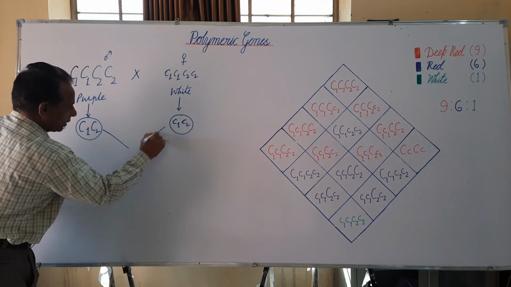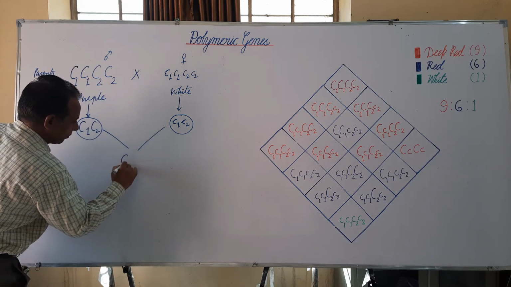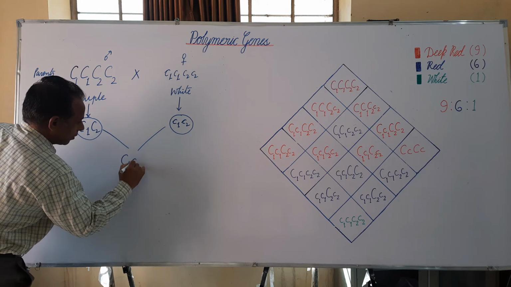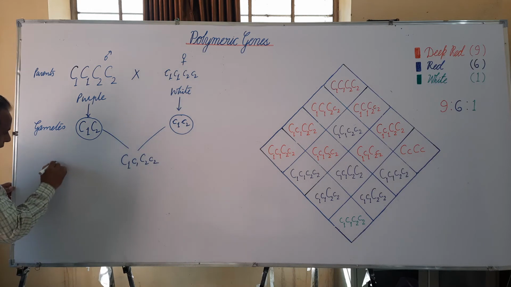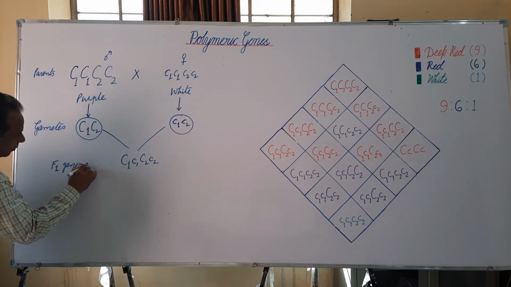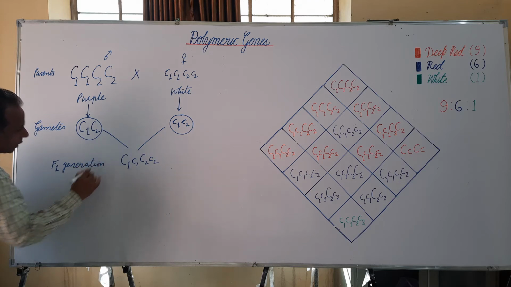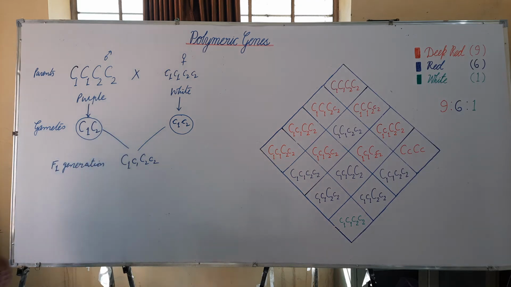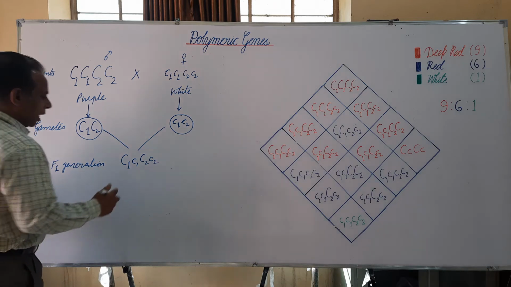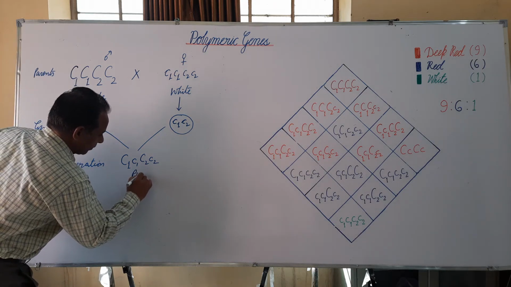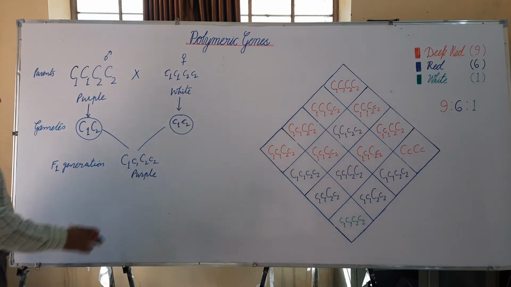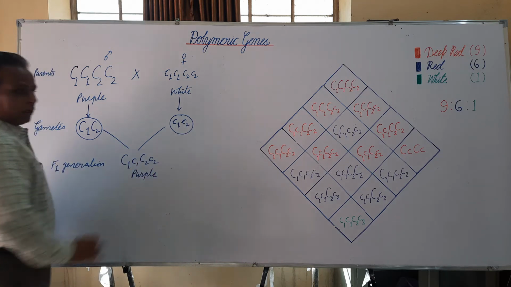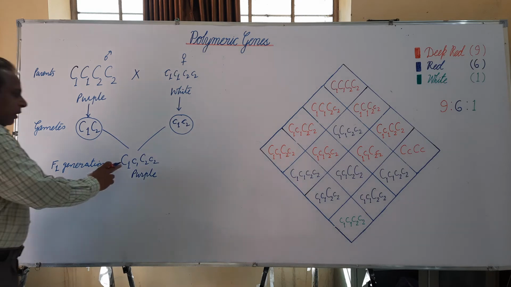When these gametes are fused together, they form the F1 generation. Phenotypically, the plants of the F1 progeny are deep red, and genotypically they are hybrid or heterozygous in both genes.